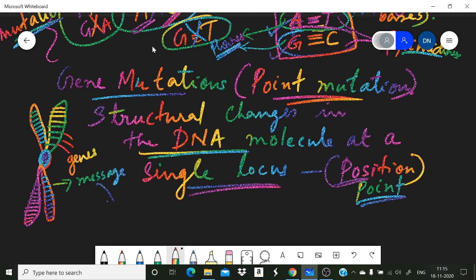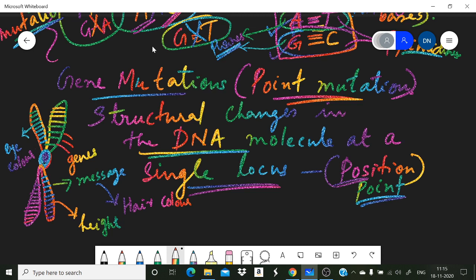Suppose this gene conveys the message for hair color or hair pattern, maybe this gene conveys the message for height, or maybe this gene controls the features of eye color.